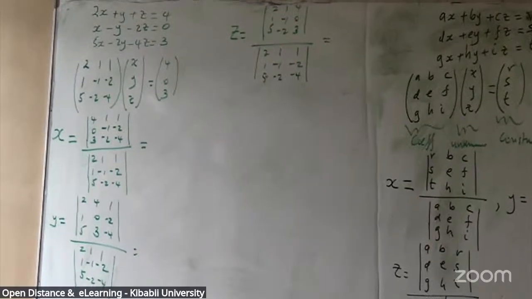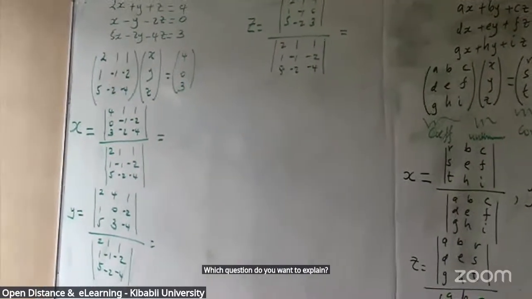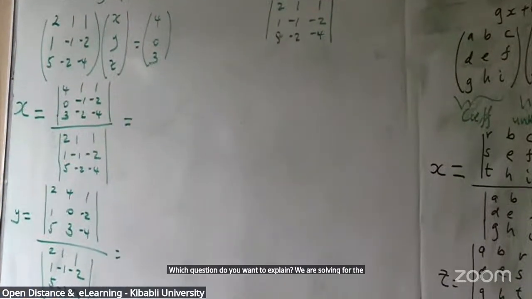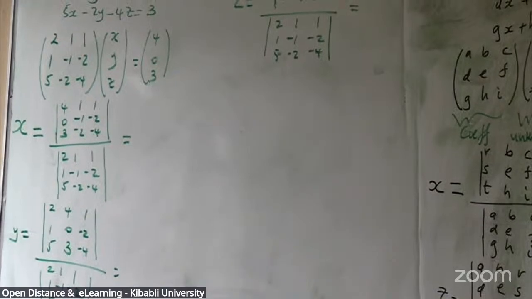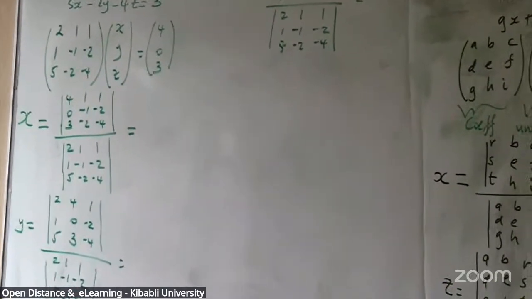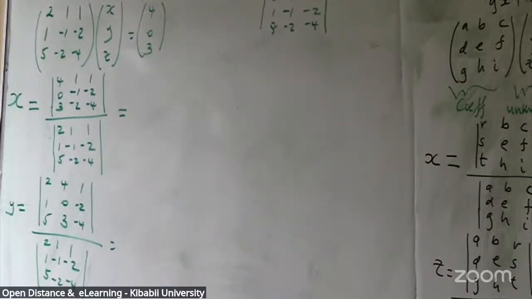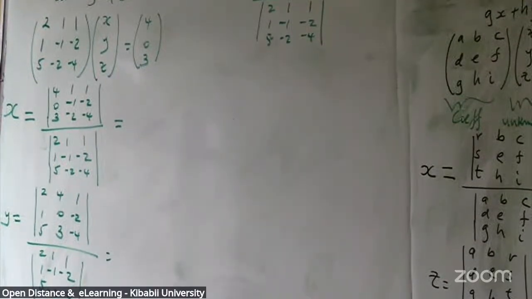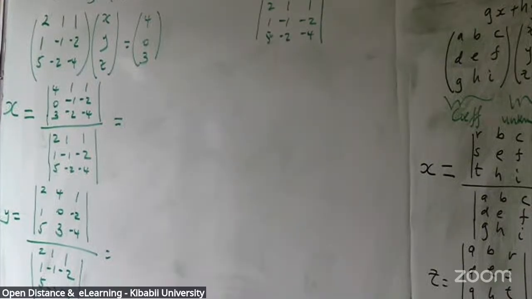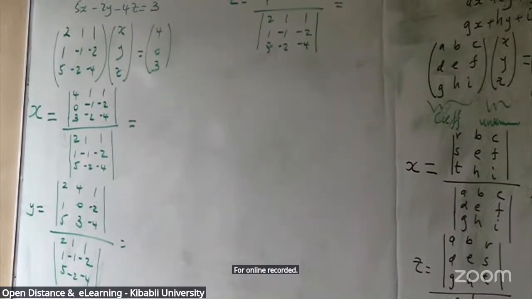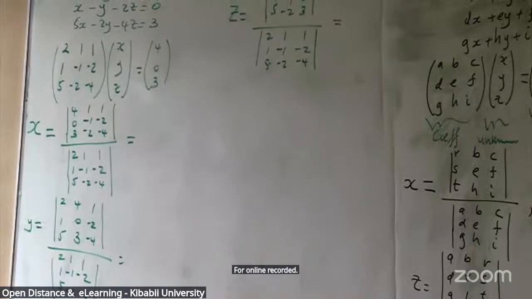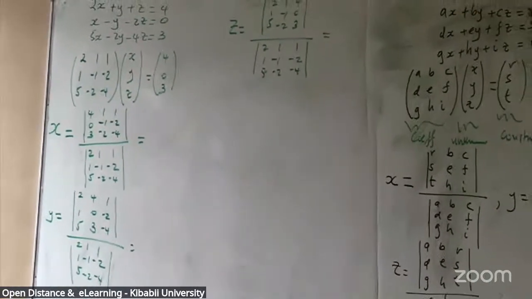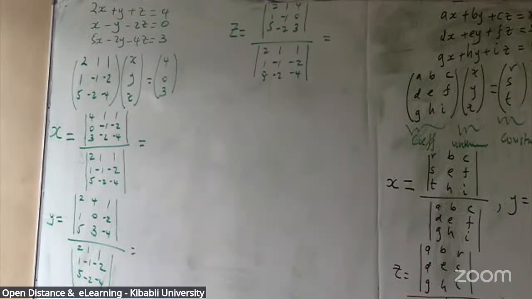Which question do you want to explain, Okumu? We are solving for the unknowns. Somebody has gotten X as 1.